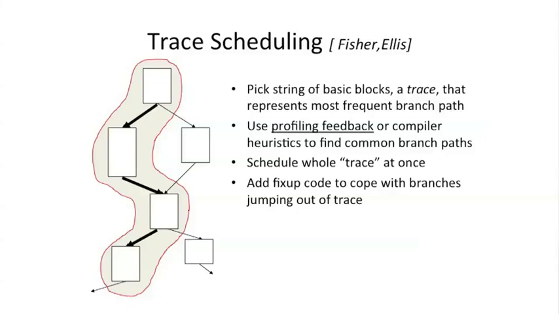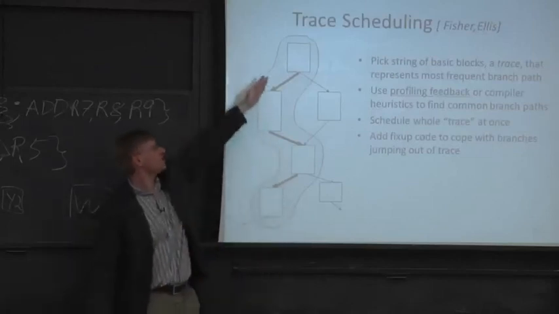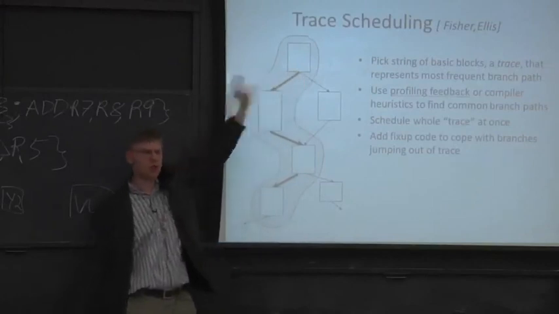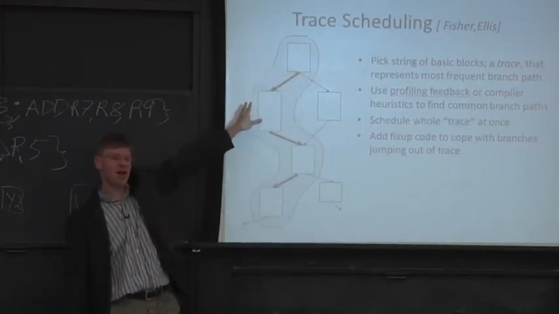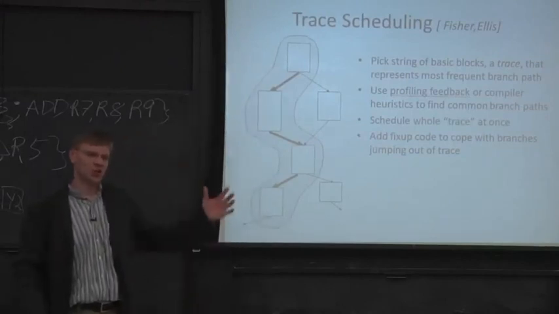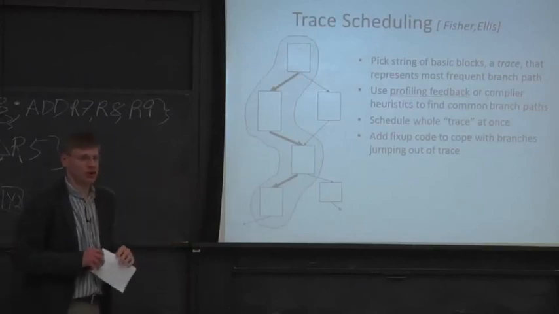Now, this doesn't mean that you can't have branches that branch out of this. But if you do, you need to have some fix-up code. Because what we're about to do is take this entire big swath of code here. We're going to remove all of the branches. And we're going to schedule for our VLIW processor as one big monolithic chunk of code.